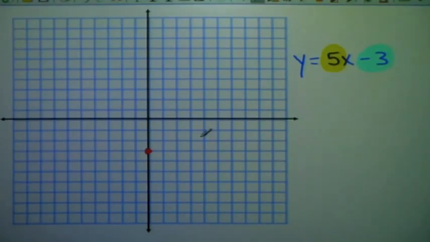We always refer to slope as rise over run. In this case, we just have a 5, but we should remember that 5 is the same as 5 over 1. So as we do our slope, it's a positive slope, so I'm going to go up 5 and over 1. Up 5, over 1. And that should make a nice straight line.